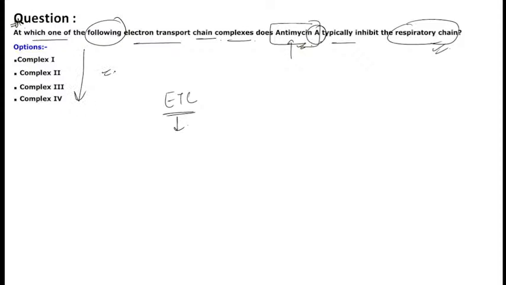This is again a latest year question. Mark the answers, everyone. Complex 1, complex 2, complex 3 and complex 4. Everyone quickly mark the answers. Take your time, do not be in a hurry, mark the answers properly.